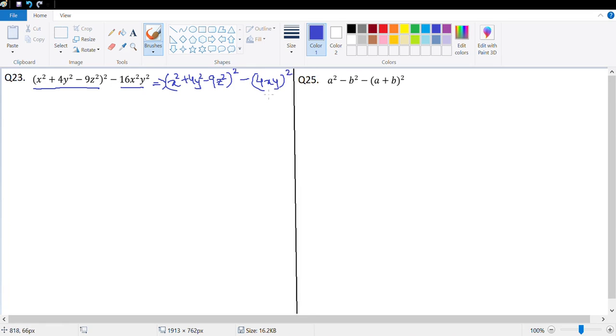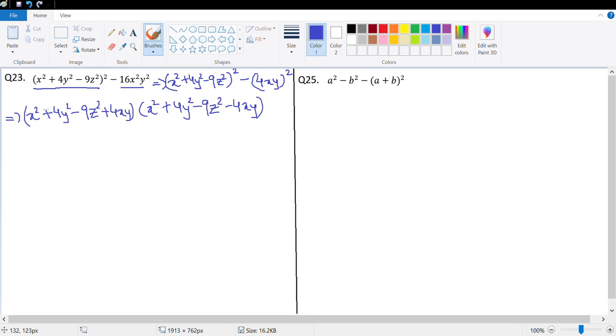Yes, that's negative 16x square y square. So this is a square minus b square, which means first term, which is x square plus 4y square minus 9z square plus 4xy, multiplied with x square plus 4y square minus 9z square minus 4xy.